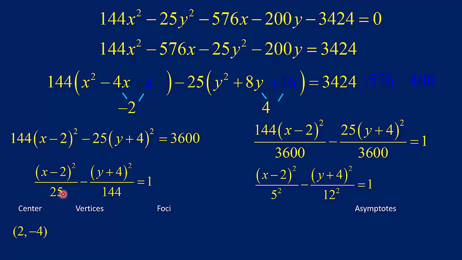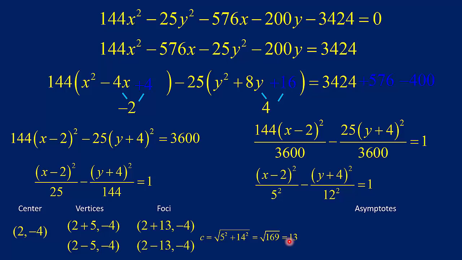And in fact, we're going to add and subtract 5. See? So 2 plus 5, 2 minus 5. 5 comes from the square root of that. Now, as far as the foci go, we need to find the c. We take the 5 squared plus 12 squared, take the square root of that sum, and we get 13. So we add and subtract that from the x-coordinate.